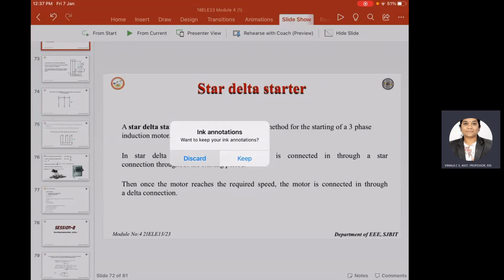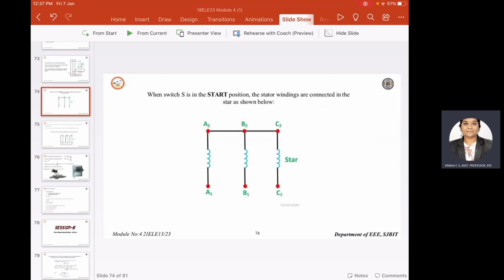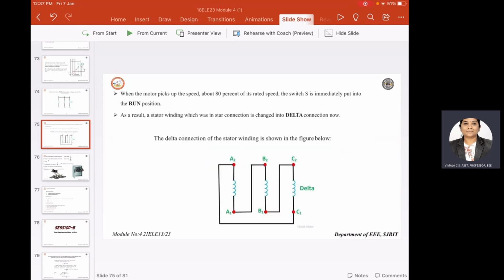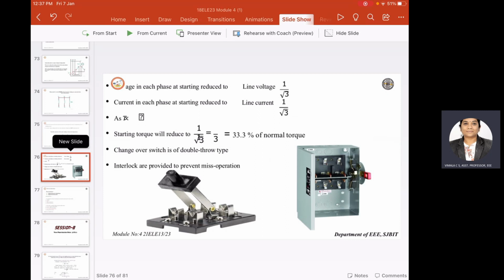Here there is a star delta type of reduced voltage starter. We use it to reduce the starting current, as I said. It will reduce the inrush current to 1/3. At starting, it will be in star, and during the normal running condition, it is connected in delta. As I said, the phase voltage will be reduced by 1/3 of the line voltage.